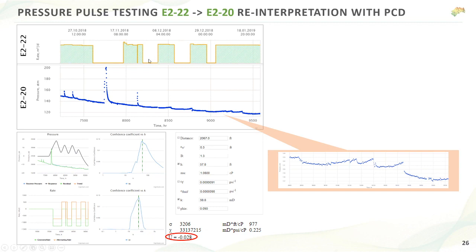Well, to be honest, I need to say that technologically this test was not perfectly fine. We can see that there is some kind of pressure disturbance on well number 20, which was a receiving well.